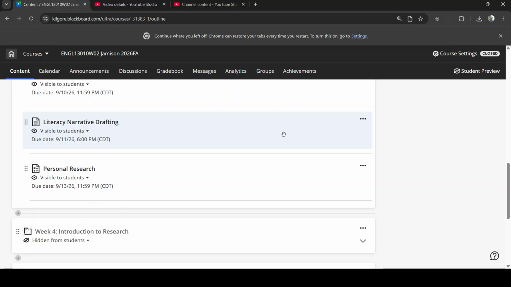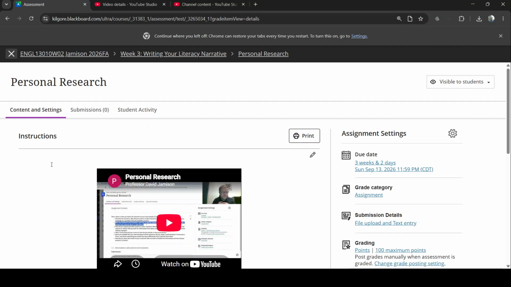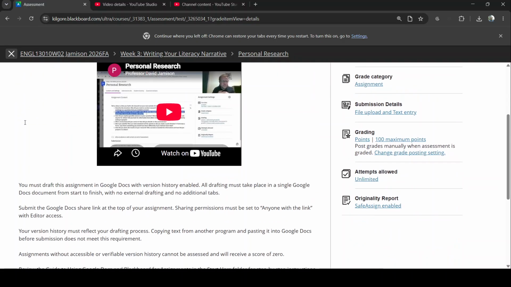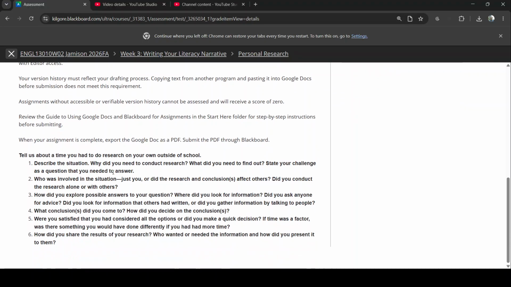Okay. And then your personal research assignment here. This is something to do by Sunday. Basically, it is talking about a type of research that you had to do outside of school. So this could be finding a hotel that you wanted to go on vacation at.